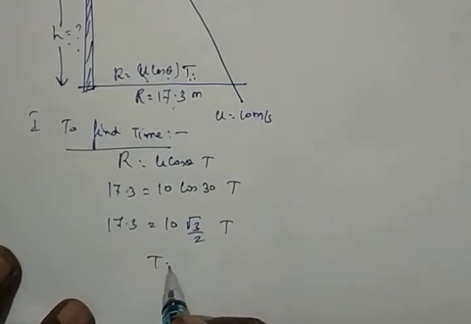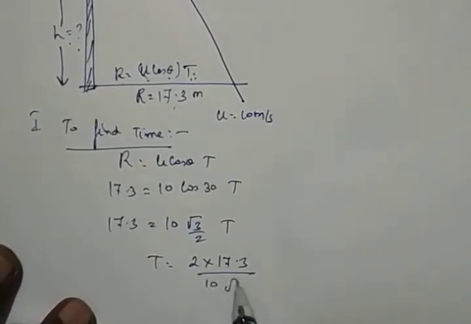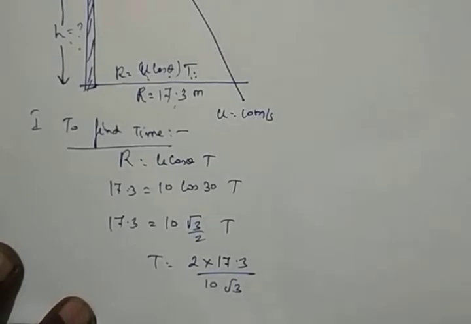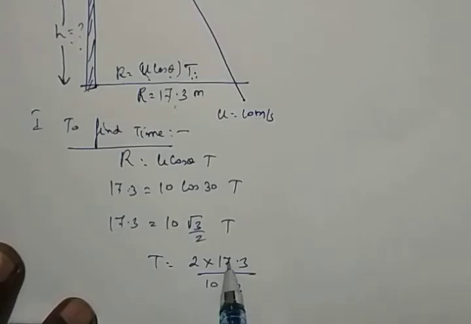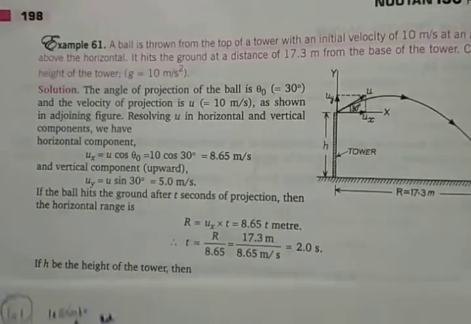So t is going to be equal to 2 into 17.3 divided by 10 root 3. Okay. So if we try to cut this one, it will become 1.732. It will approximately become 2 seconds. So that's my approximation. Yes, it is 2 seconds.